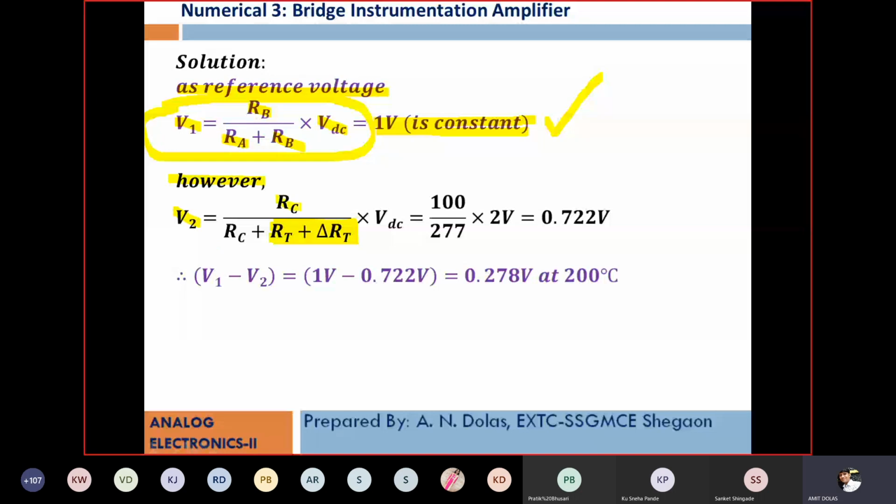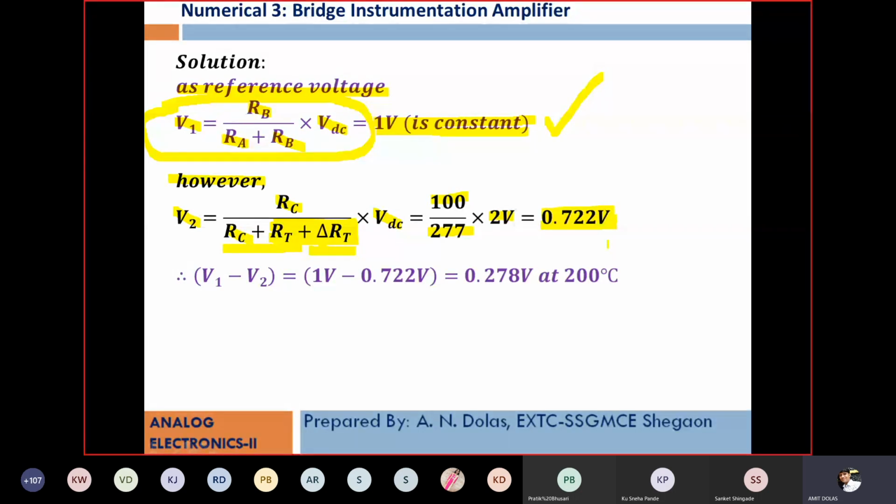V2 will be RC upon RC plus RT plus now delta RT here. So putting values into VDC, 100 upon 100 plus 100 plus 77, that is 277, multiplied by 2 volt, it comes to 0.722 volt.